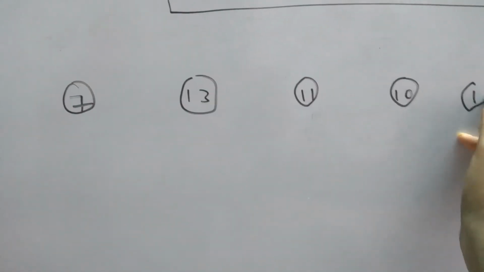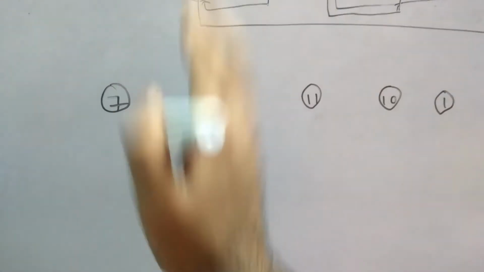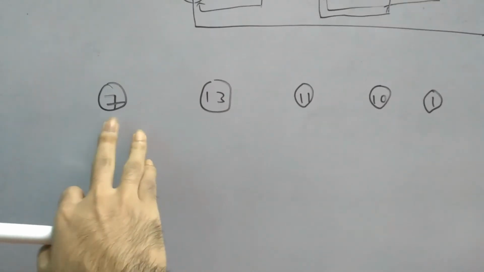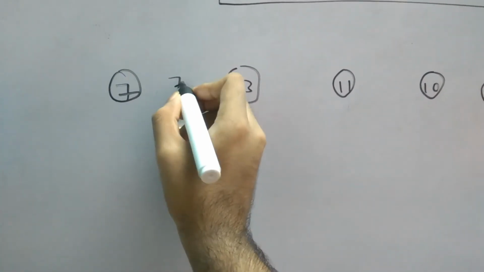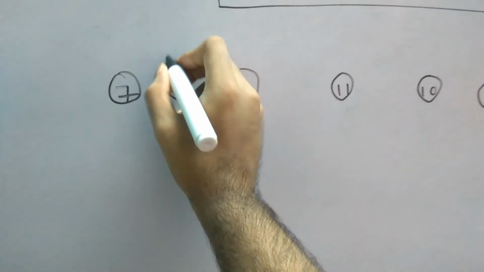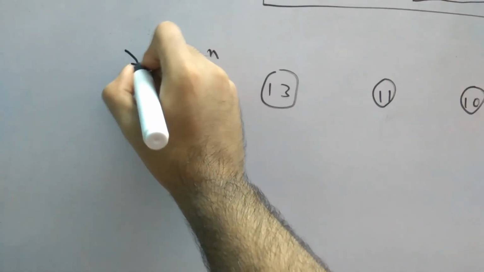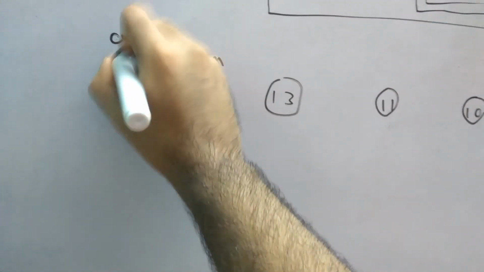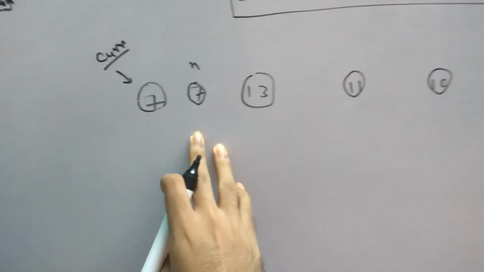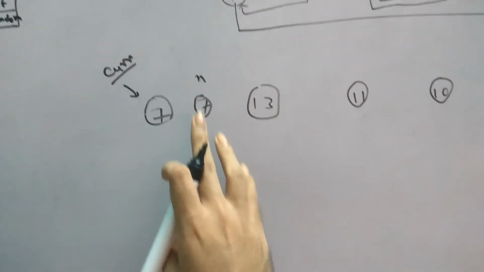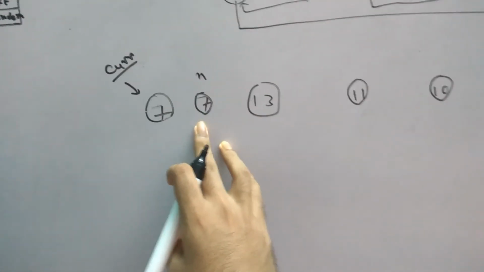What we will do is make a new node next to the previous node. Let's say we have 7, so we will make a new node over here. So this will be a new node. After creating a new node, if this is the current, first of all we will make the new node's next as current dot next.